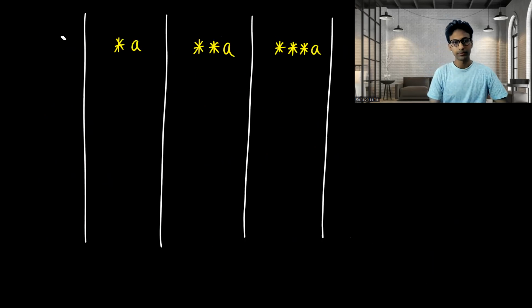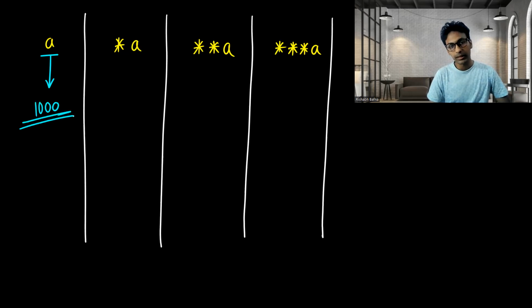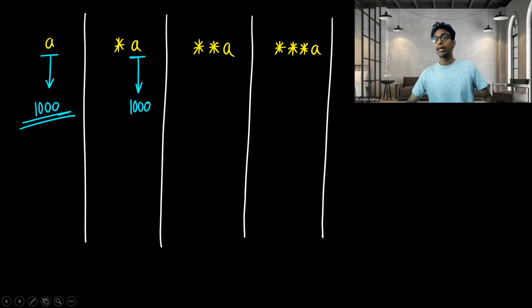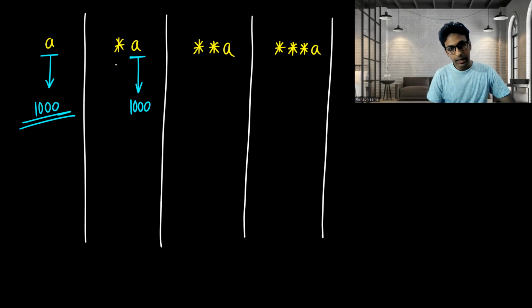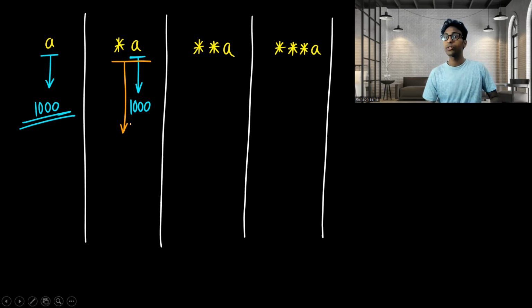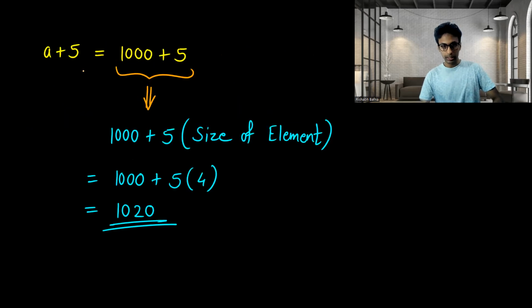So a means the base address of the 0th element, 1000. What is a? A is the base address of the 0th element of the 1D array. Star a will be the value of the 0th element. What is it? 1.